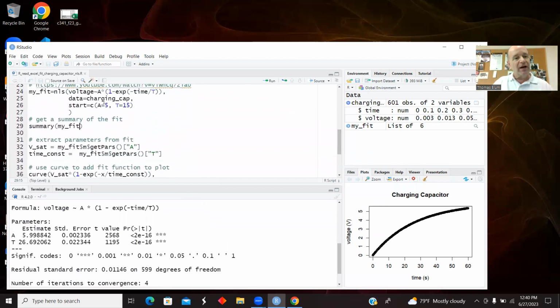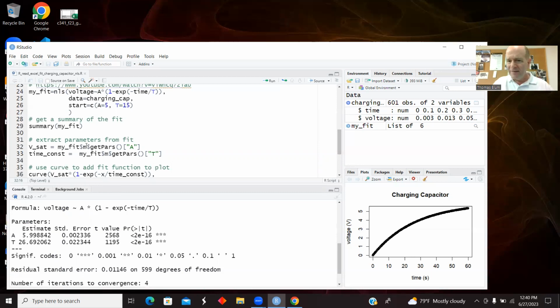Now I want to get, I mean, I can just read it off of here, but I wanted to do better than that. I wanted to get from my fit this 5.998 and this 26.69. And so they belonged to my fit.